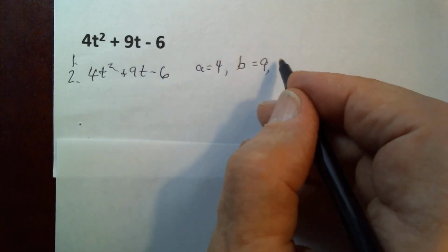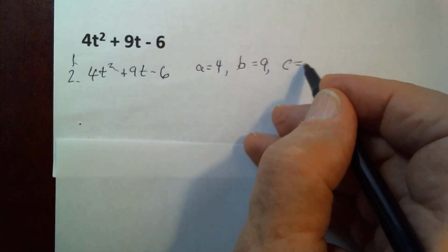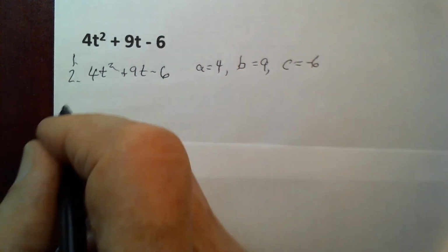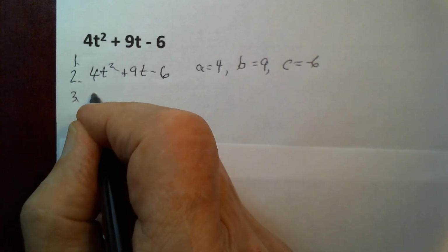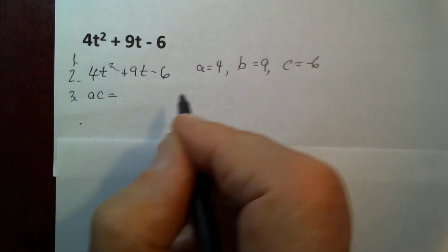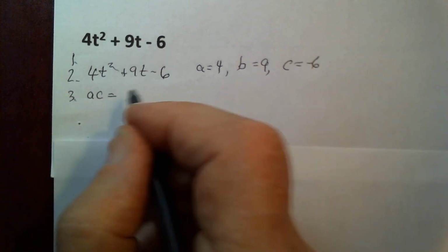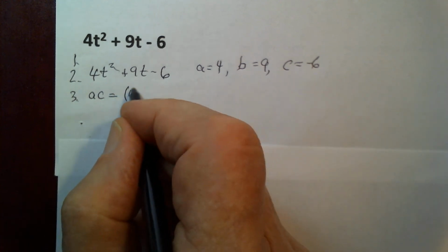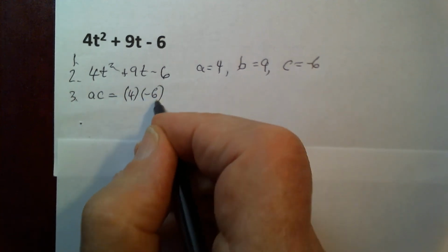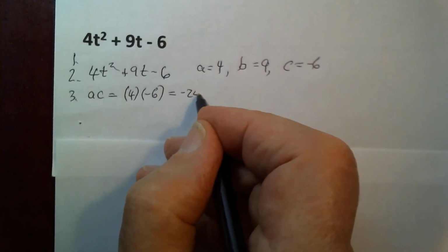And c is our constant term, so c is equal to negative 6. And then a times c equals 4 times minus 6, or minus 24.